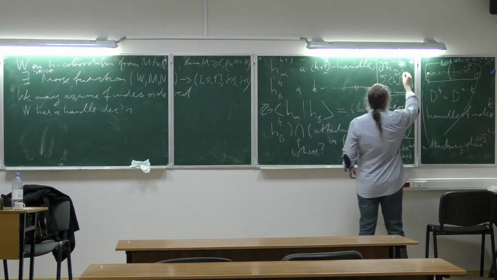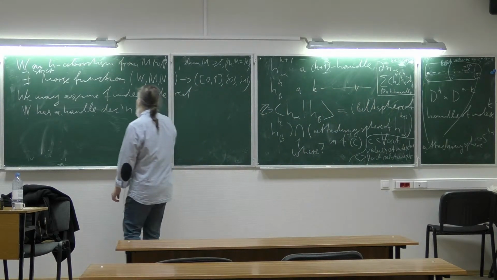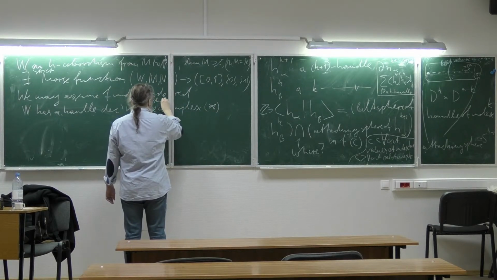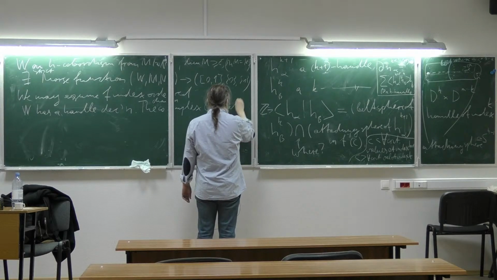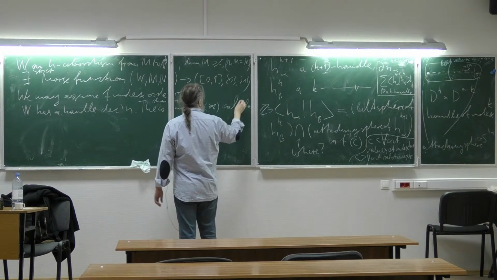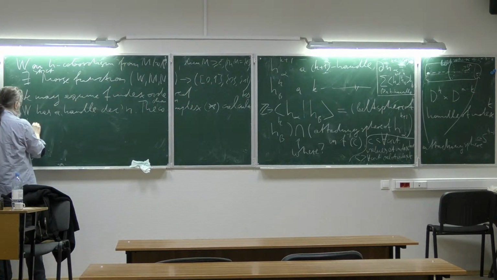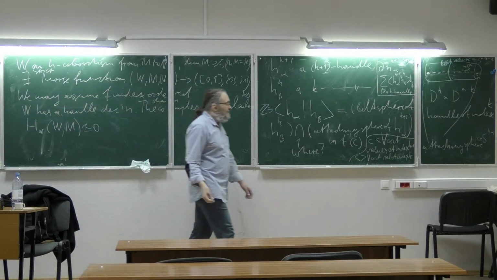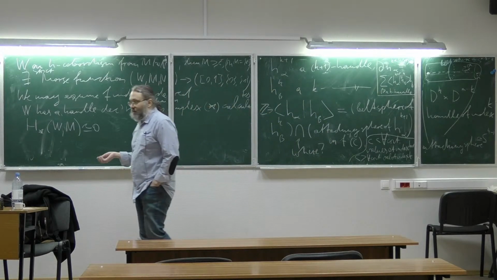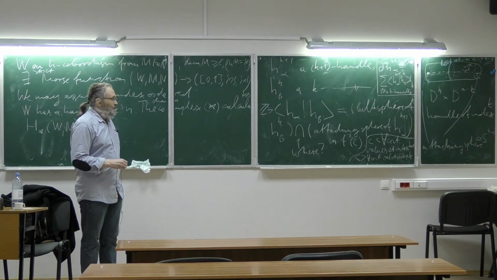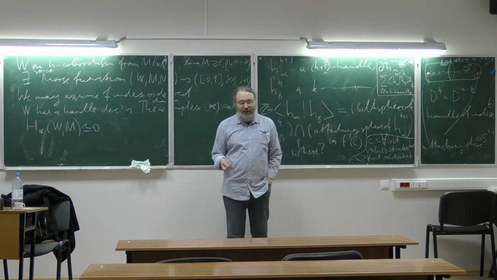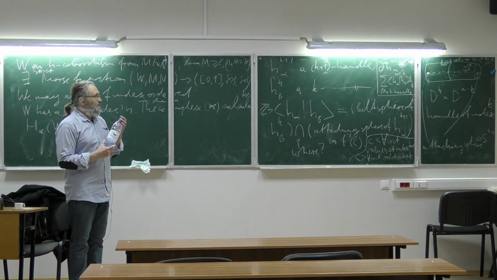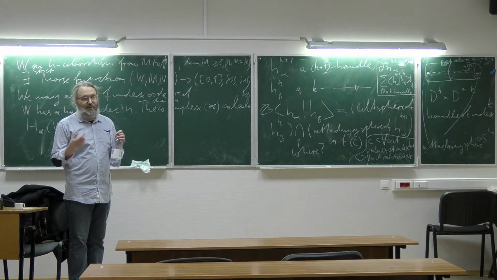Well, which is 0. So the complex will be acyclic, and we will need to use this somehow to simplify first of all the complex and then the manifold itself.